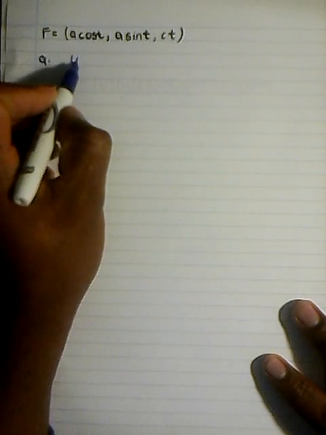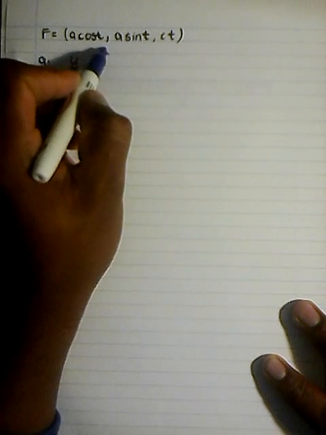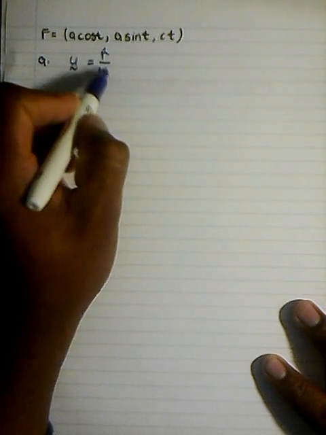So we've been asked, in question A, to compute the unit tangent vector u, so we're going to determine u, which we know is equal to r dot divided by the magnitude of r.